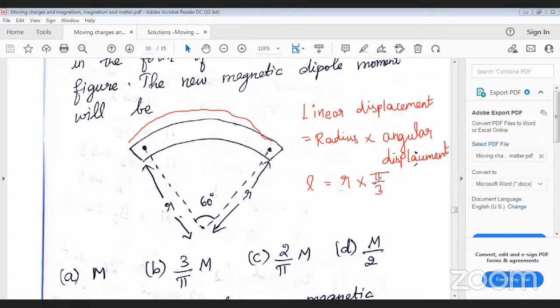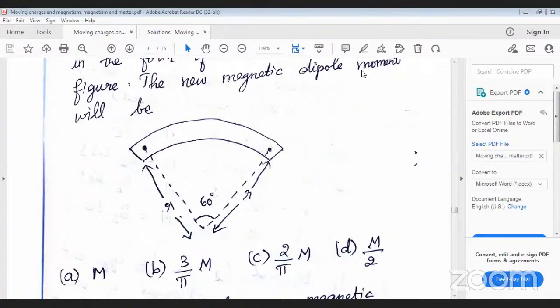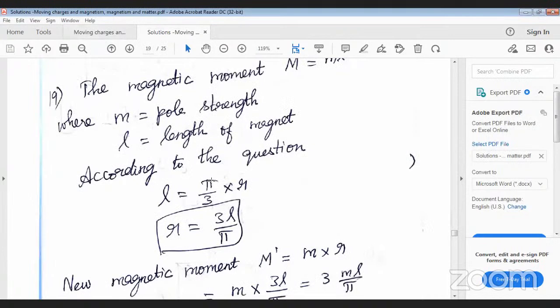Okay, pi by 3. L equal to r into pi by 3. And that thing we can see from the solution here. Here you see L equal to pi by 3 into r or r into pi by 3. That will give you r equal to 3L by pi.